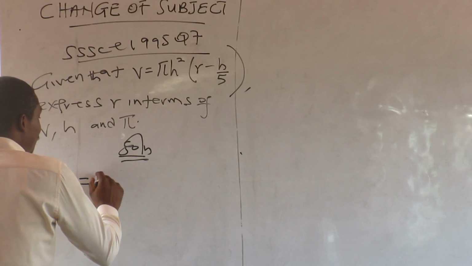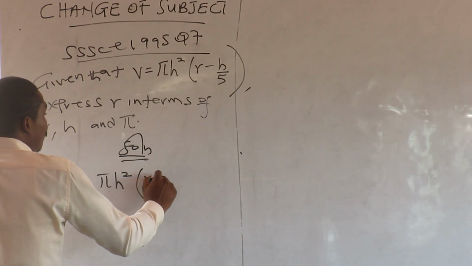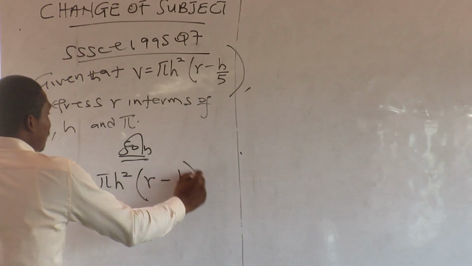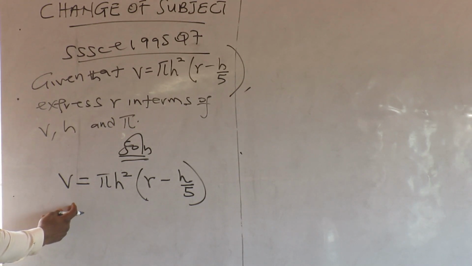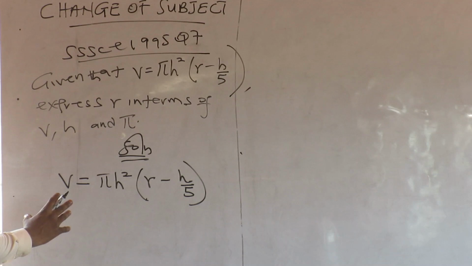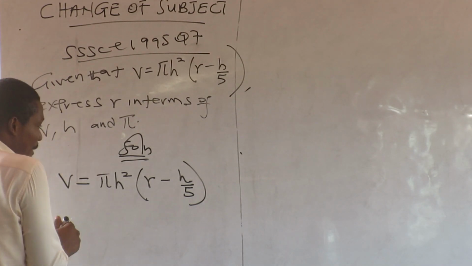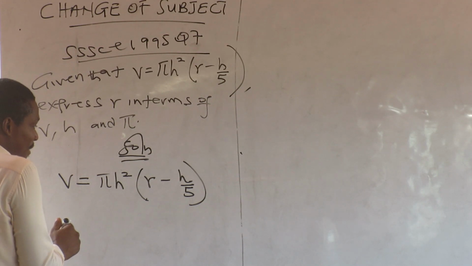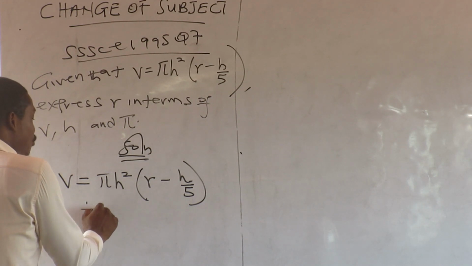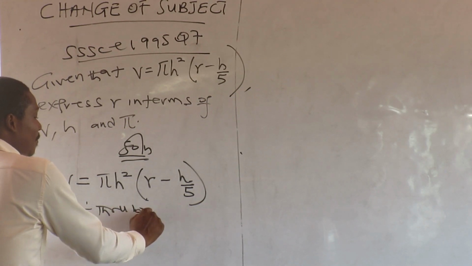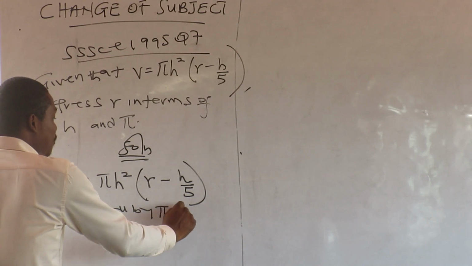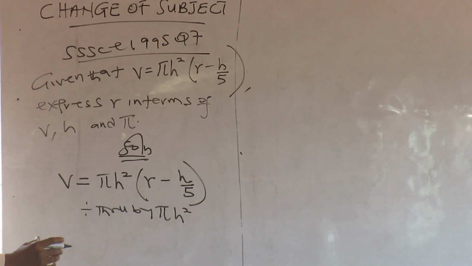V. So I can multiply through by 5. So now it's very lengthy. Look at what I want to do here. So what I can do here is this. I can divide through by pi a squared. Please, why am I doing this?